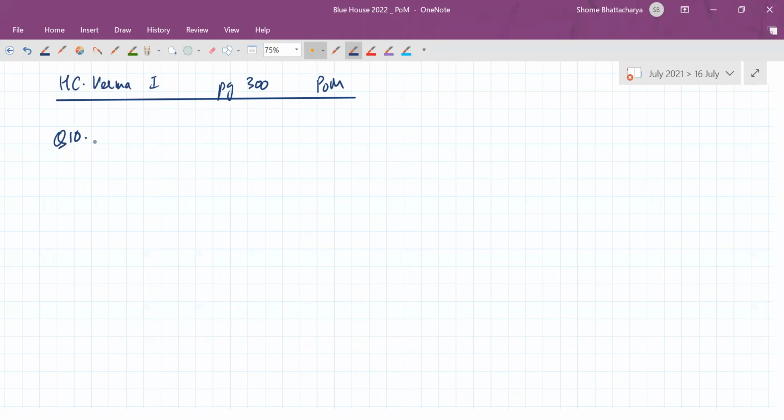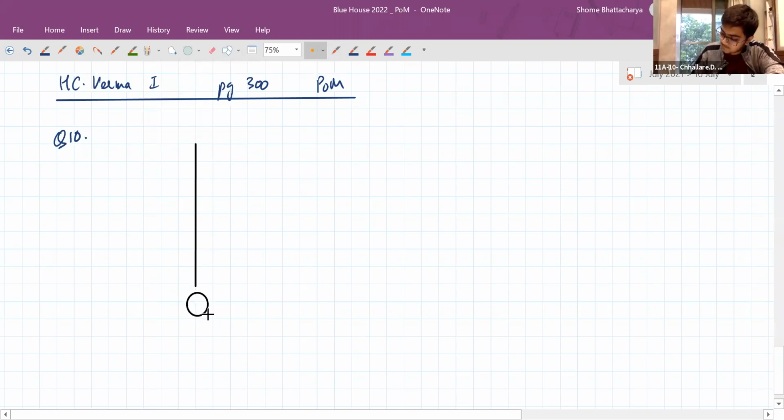Okay, so basically, what will happen is that originally your wire was used to suspend the sphere and the system was at rest. So the equilibrium condition was that the weight of the sphere is balanced by the tension in the wire.